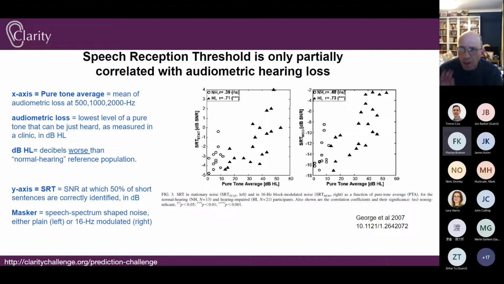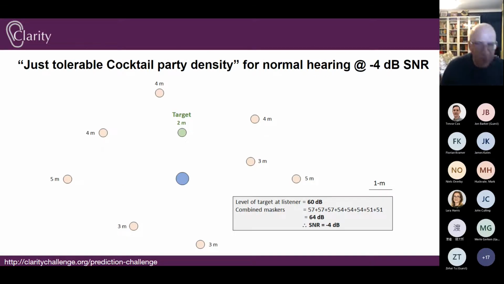To get a sense of what these differences in SRTs actually mean, following a term suggested by Graham Naylor, I've invented the just tolerable cocktail party density. So imagine that you're this person here in blue and you're at a cocktail party, all socially distanced, and you want to listen to this person who is 2 meters away.